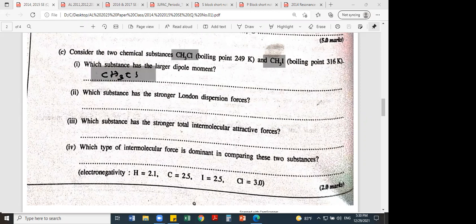Which substance has stronger London dispersion forces? Who can tell me the answer? What is the answer for part 2? Which one has stronger London forces? The answer is CH3I.